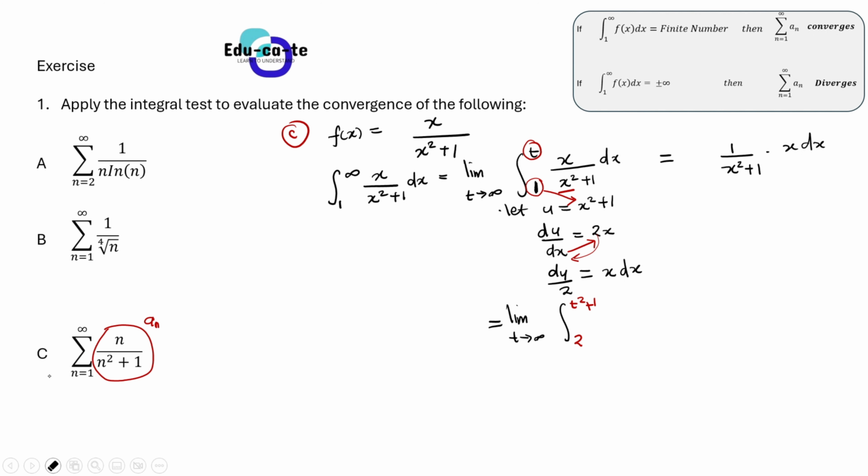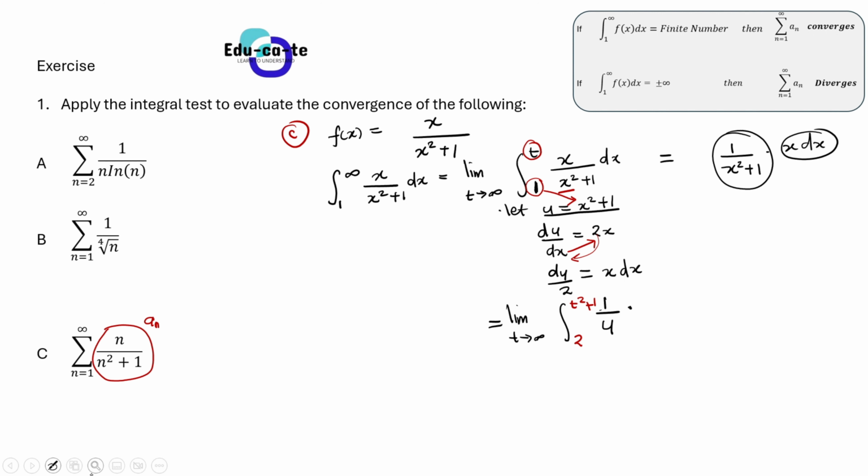We can just rewrite it as 1 over x squared plus 1, multiplied by x dx. We have chosen to substitute u for x squared plus 1, because we let u be equal to x squared plus 1. Then this is multiplied by x dx.